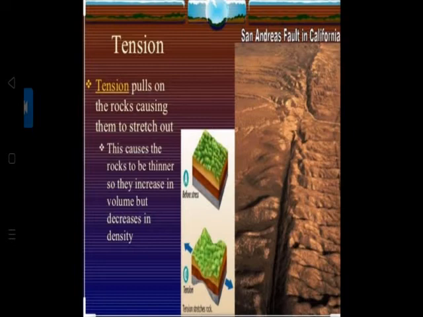Now look at figure A and understand what it is saying. Before stress, how does the rock look? And when there is some tension, some pulling out, some stretching out, what happens at that time? The rock becomes thinner so that it increases in volume and decreases in density.